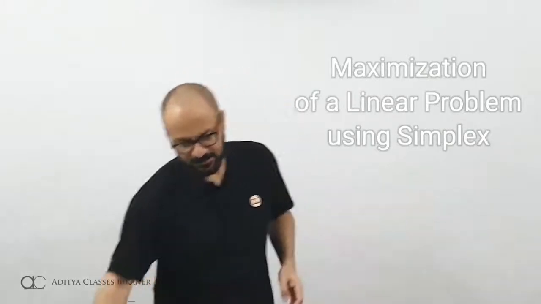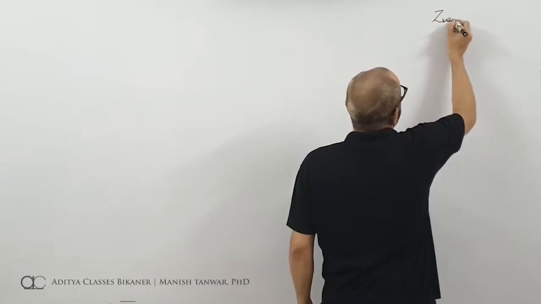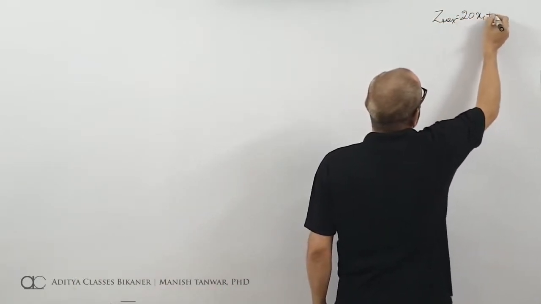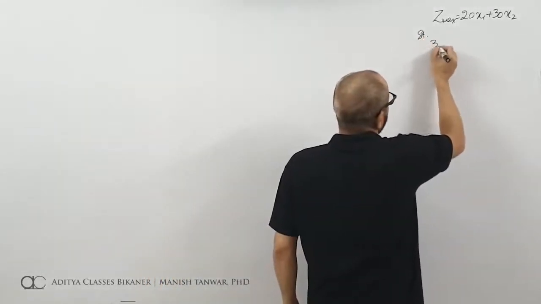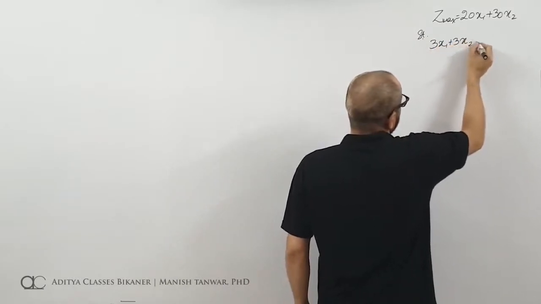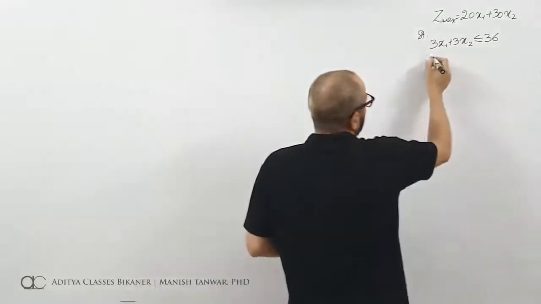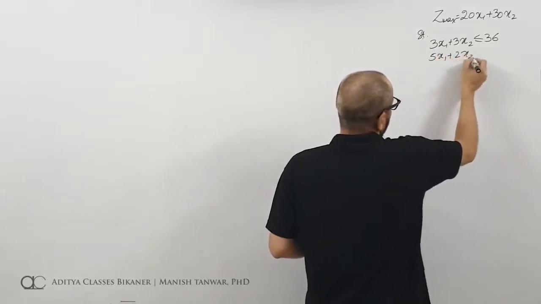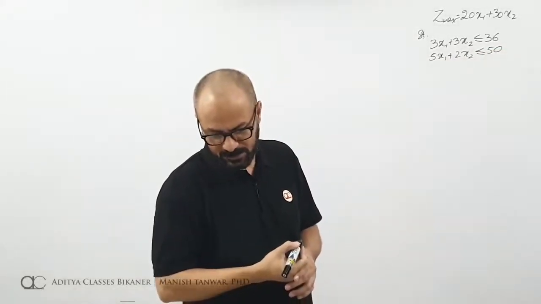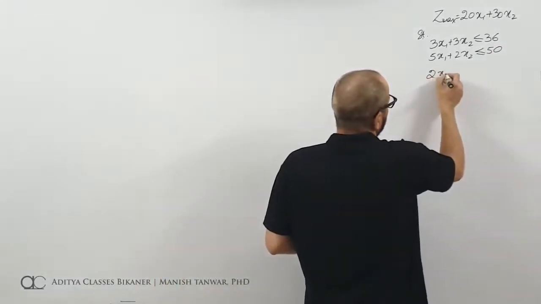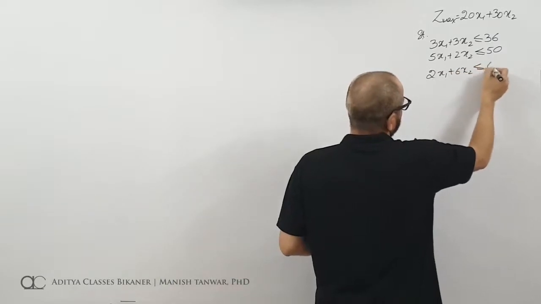So it is Zmax is equal to 20x1 plus 30x2, subject to 3x1 plus 3x2 less than or equal to 36, 5x1 plus 2x2 less than or equal to 50, and the last one would be 2x1 plus 6x2 less than or equal to 60.